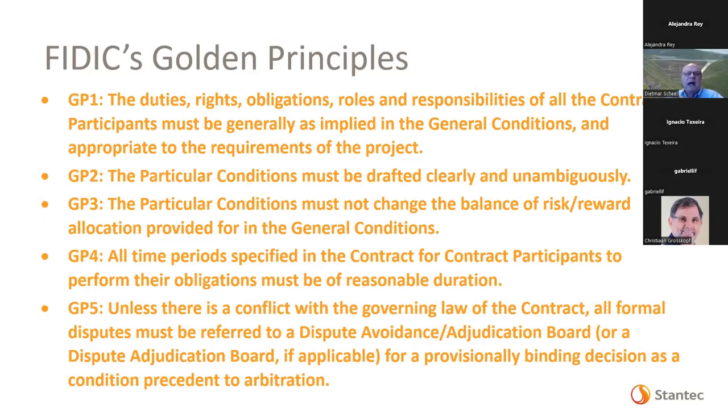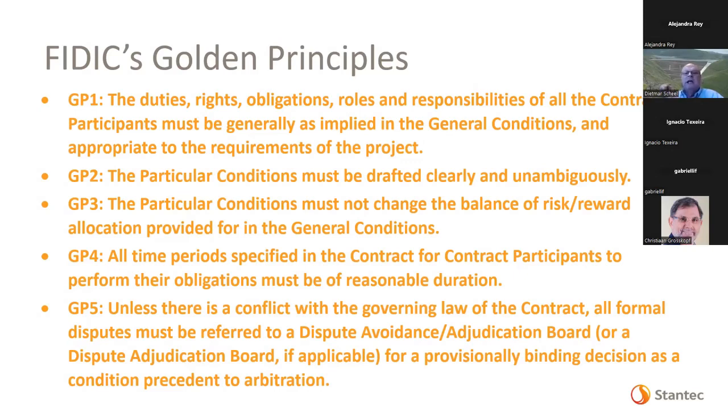And number 5, unless there's a conflict with the governing law of the contract, for all disputes, we're getting back to the Disputes Avoidance Adjudication Board. They strongly recommend such a thing. I know of many owners that are still somewhat leery of these, and 20 years ago, 10 years ago, I could understand those reservations.